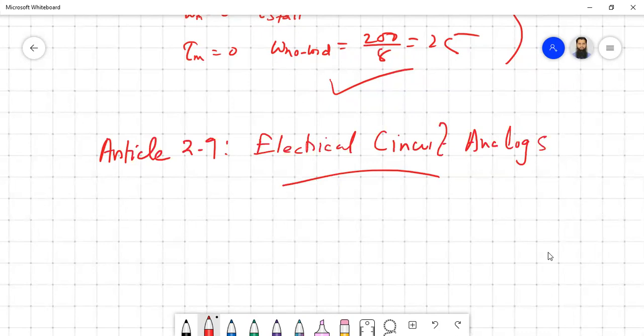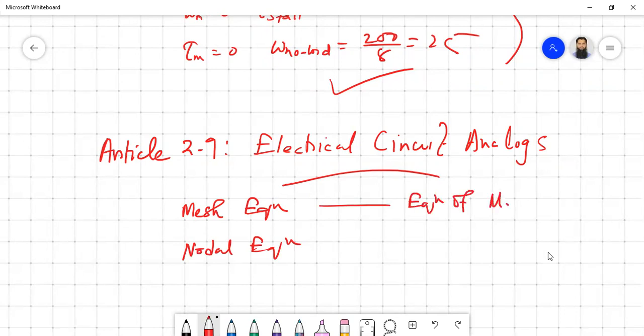Okay, so let us start. In the electrical circuit, we know that we have the mesh equation, or we have the nodal equation. But in the mechanical domain, we have only one thing, that is the equation of motion. So if you compare the mesh equation with the equation of motion, then it is called a series analog.